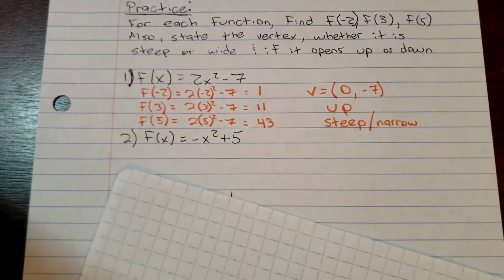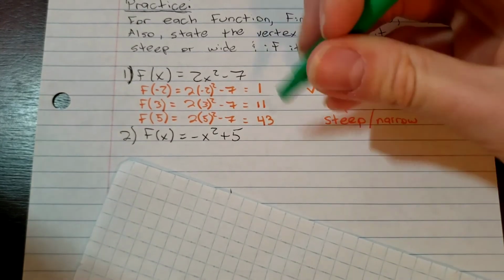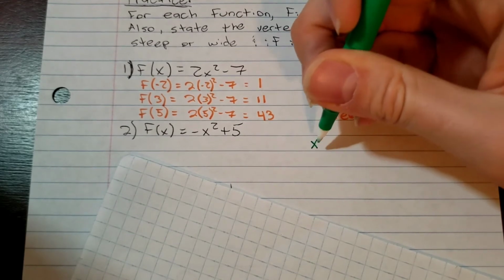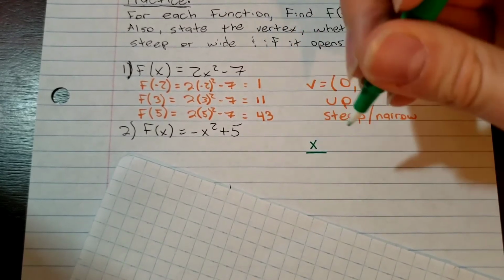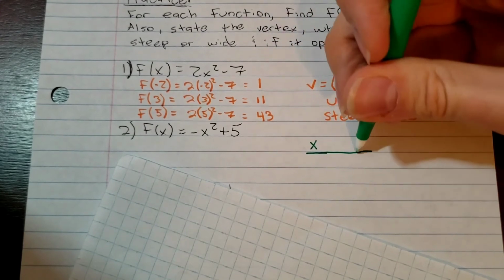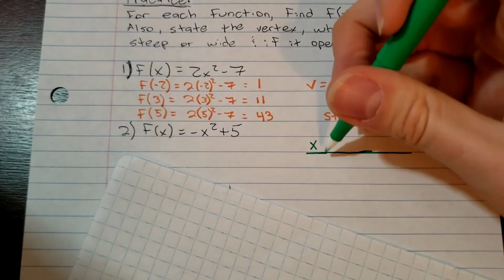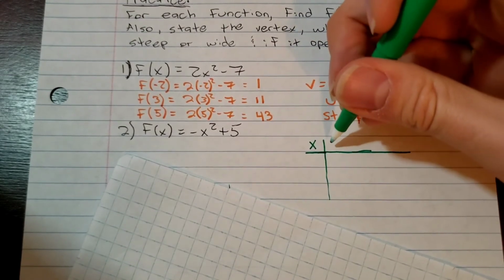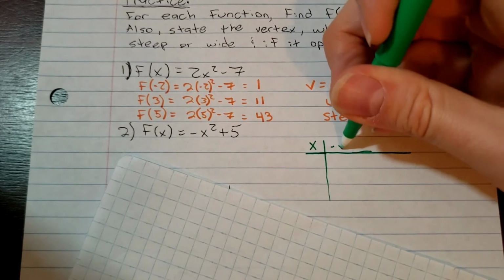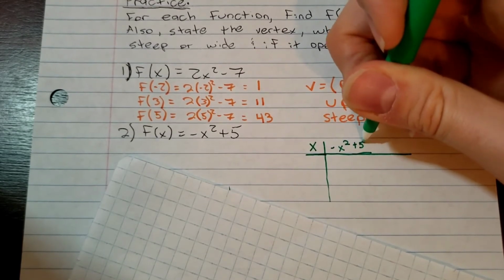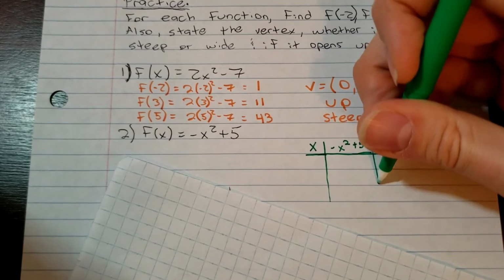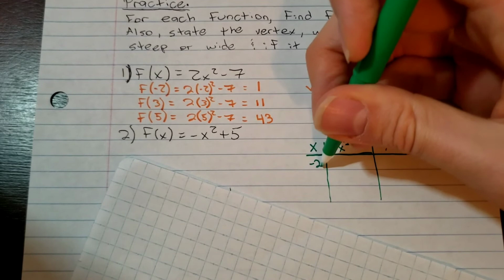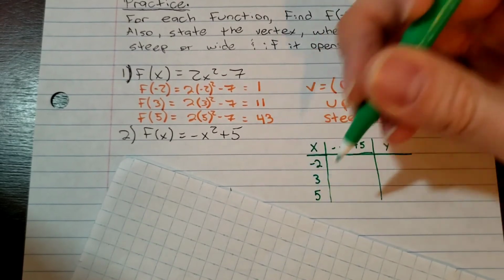So I'm going to have x, and I know I have negative x squared plus 5. That's going to give me y. My x values are negative 2, 3, and 5.